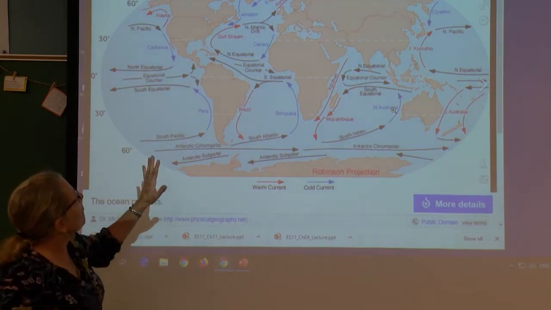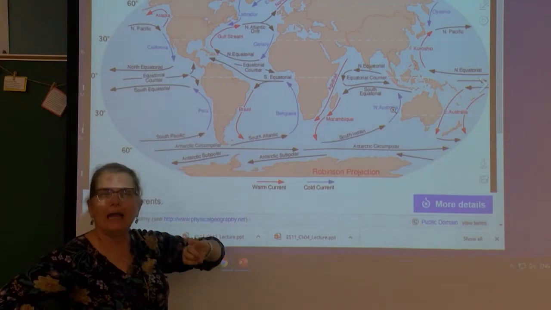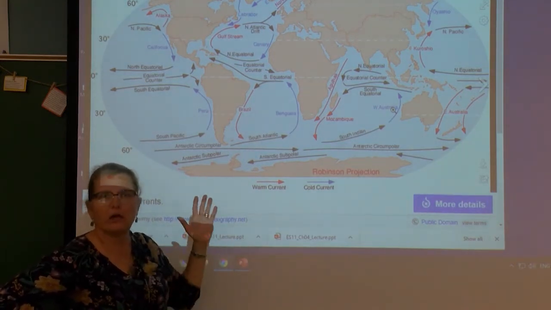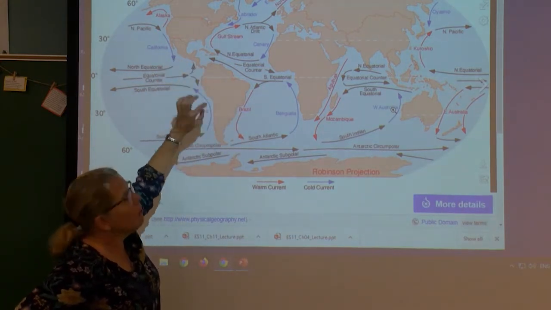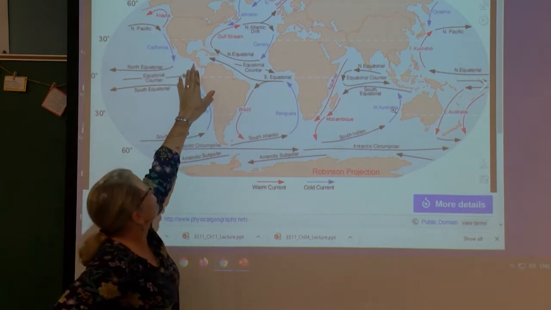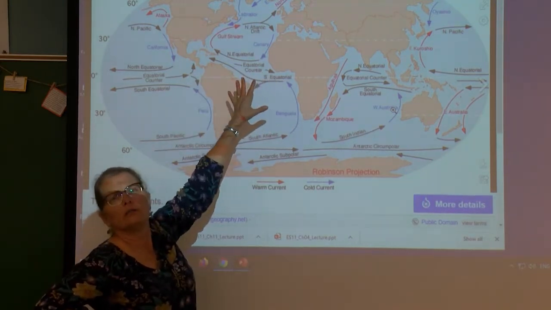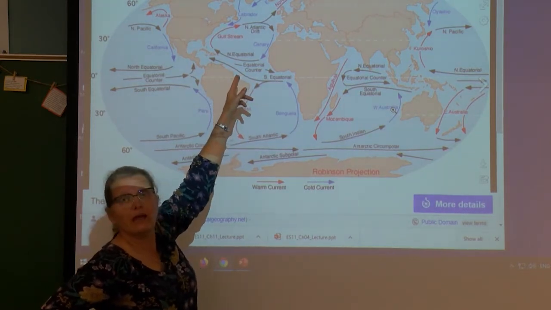And so we've got these thermo, meaning temperature, haline, meaning salt, currents. Thermohaline currents, which drive the movement of water, which for Northern Europe is fantastic because they would be so much colder. But they're not as cold as their latitude would say.